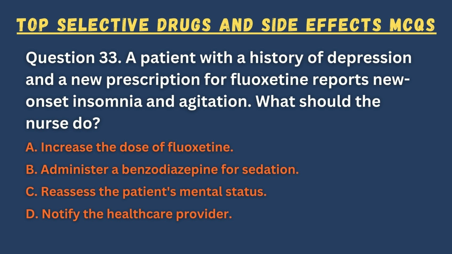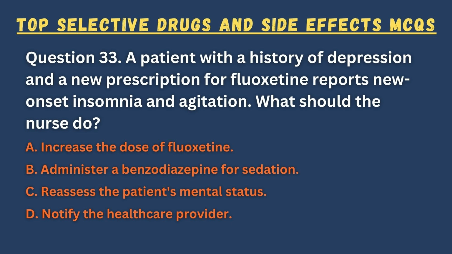Question 33. A patient with a history of depression and a new prescription for fluoxetine reports new onset insomnia and agitation. What should the nurse do? A. Increase the dose of fluoxetine. B. Administer a benzodiazepine for sedation. C. Reassess the patient's mental status.